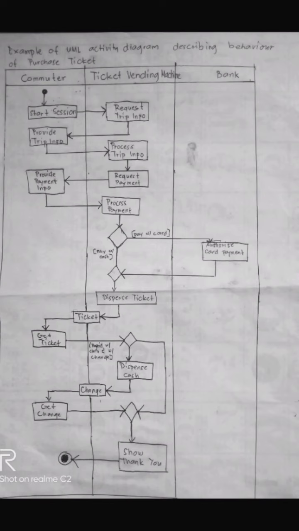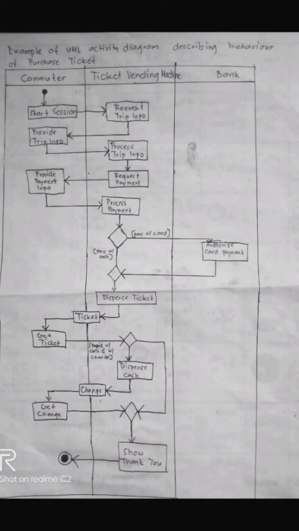Those payment options include payment by cash, credit, or debit card. Then after the commuter provides the payment information, it will flow back to the vending machine, which will process the payment.